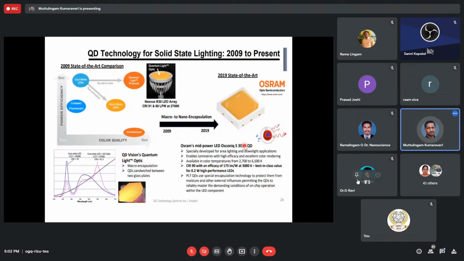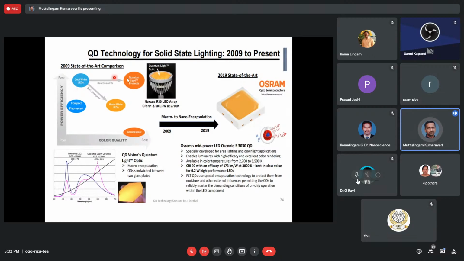Now the quantum dot technology for solid state lighting, from 2009 until now. We compare the power efficiency and the color quality. In 2009, the state of the art, cool white LEDs gave the best efficiency, but the color quality was not very good.